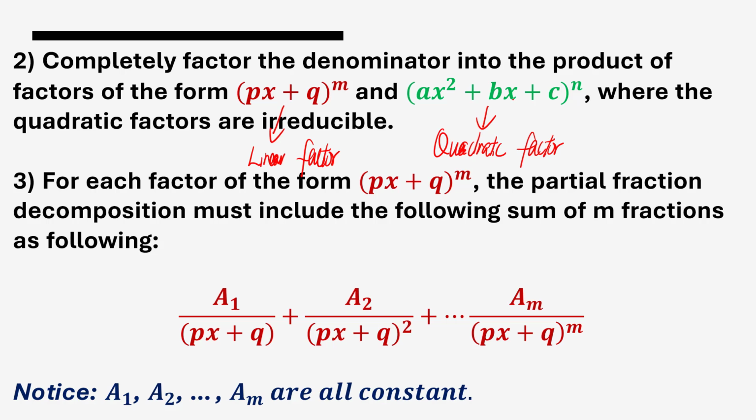Step 3, for each factor in the form of px plus q raised to the n power, a partial fraction decomposition must include the following sum of n fractions. Okay, so we have a1 over px plus q, so this is the first term.